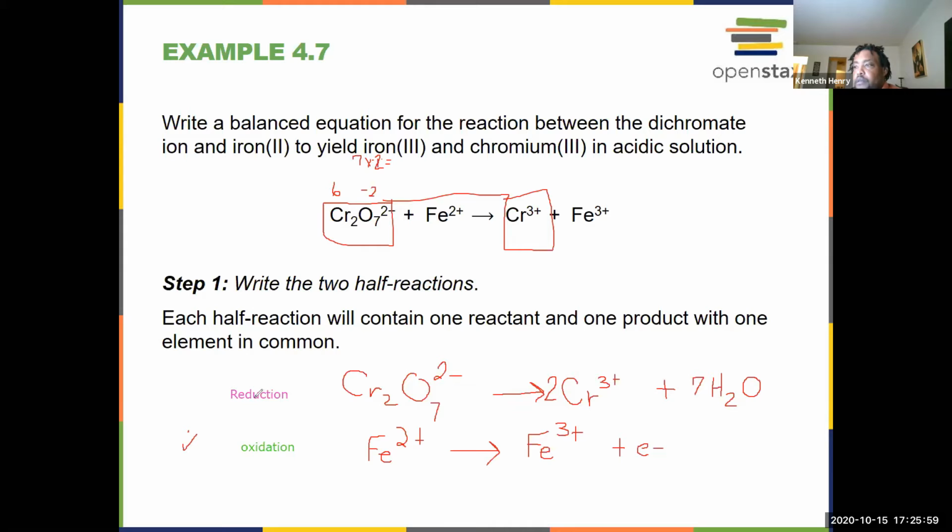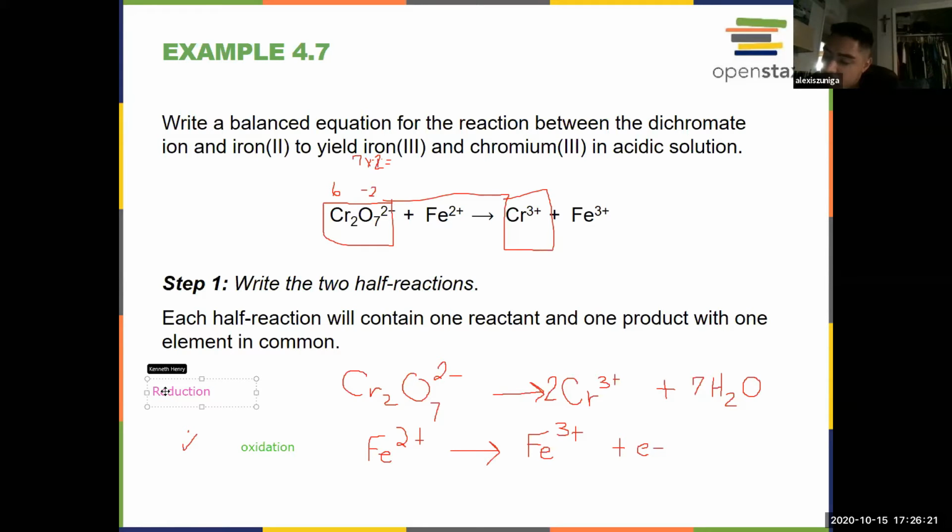Okay, so then I got my 7 waters, my 7 oxygens. So what do I need to do to the other side to balance that out? Do we add hydrogen atoms or hydrogen ions next?